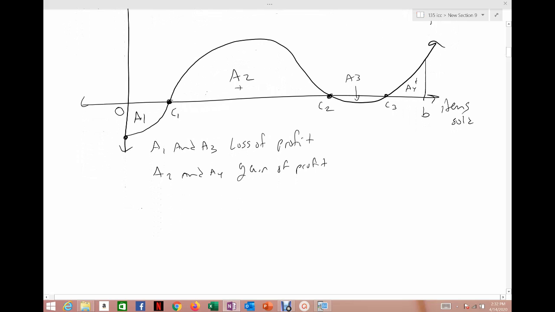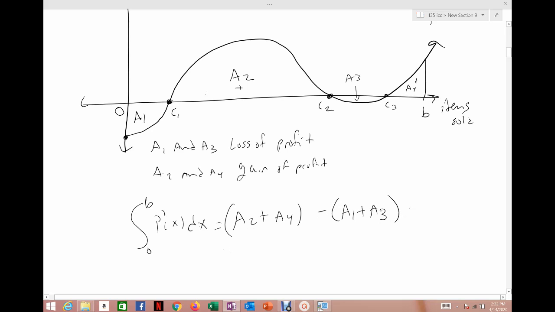When I integrate from 0 to B my derivative of profit, my rate of change of profit, it's the positive areas minus the negative areas. So area 2 plus area 4, that would be my gains, minus area 1 and area 3, that would be my losses.